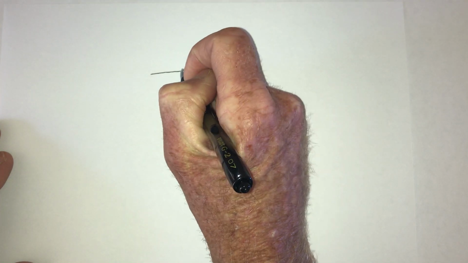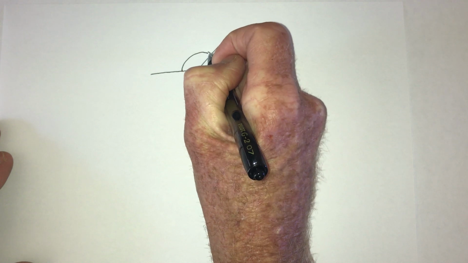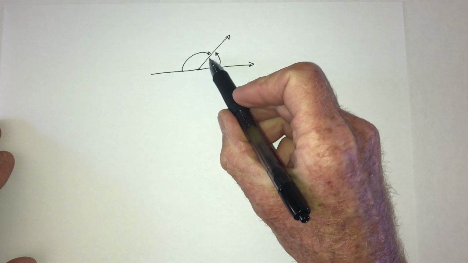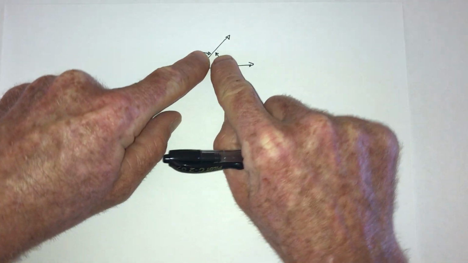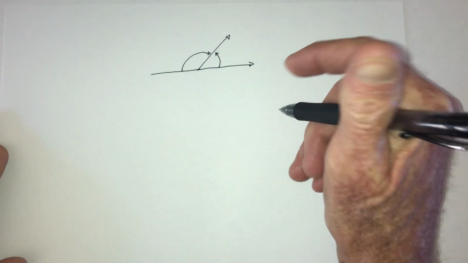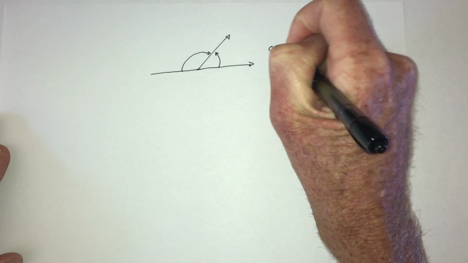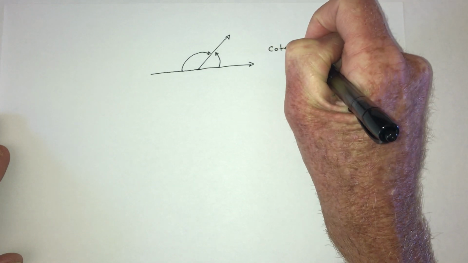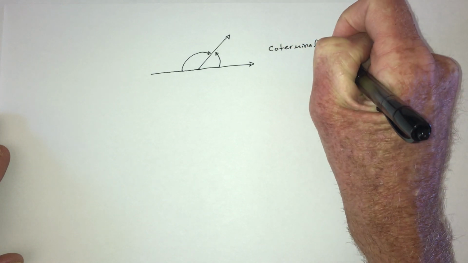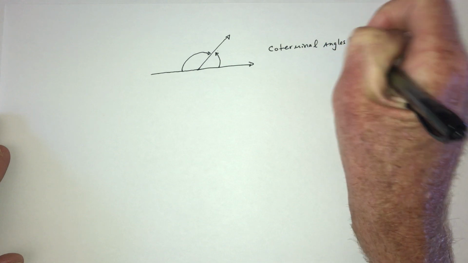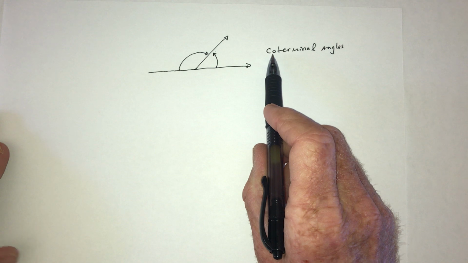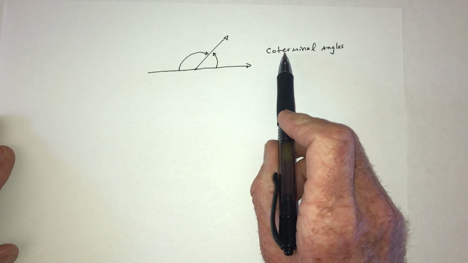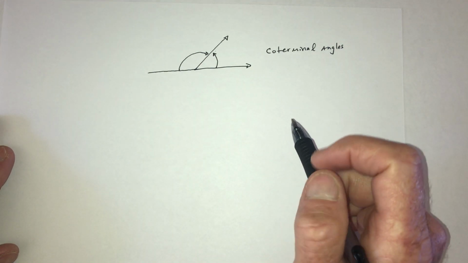So going from here to here, so each of these angles terminates along this line. So they start and then they stop when they get to the same line. So these are called coterminal. So co means doing the same thing. They co or cooperate, and they're terminating at the same place.